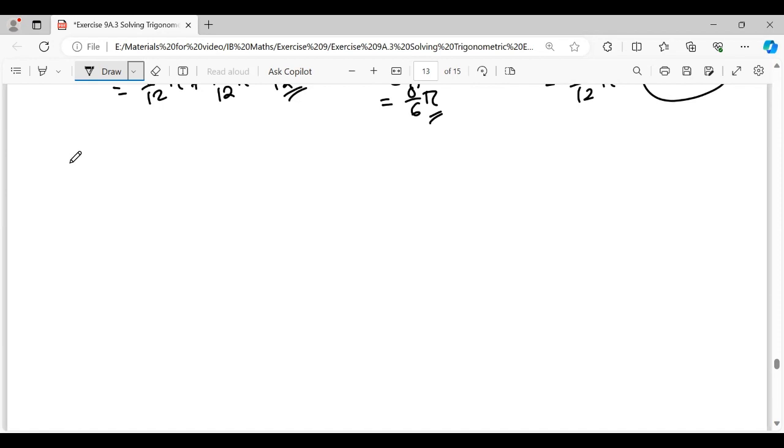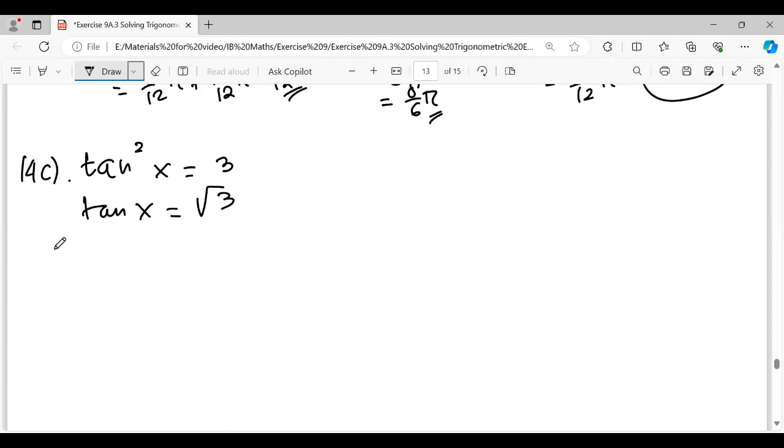After that, C. You can see tangent squared x equals 3. Okay, so it means tangent x equals square root 3.